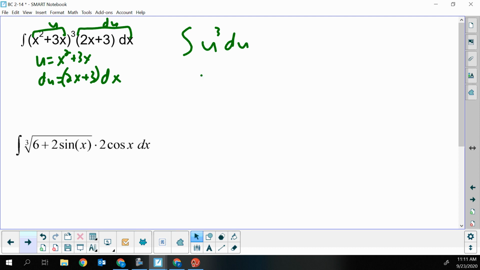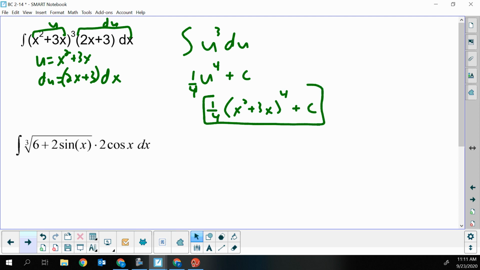And for the antiderivative, exponent goes up 1. Divide by that exponent out front. Don't forget your plus c. And then we'll just replace our u. So we got 1/4 x squared plus 3x to the 4th plus c. So your u substitution takes a tricky integral and turns it into something that's manageable.